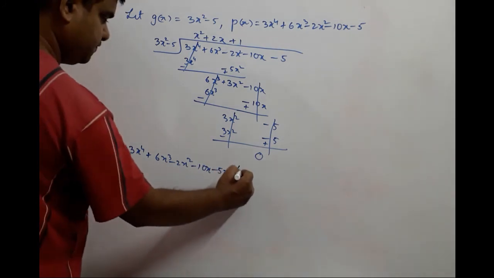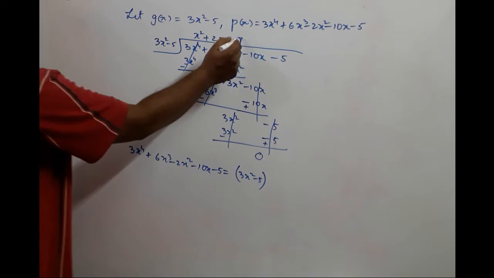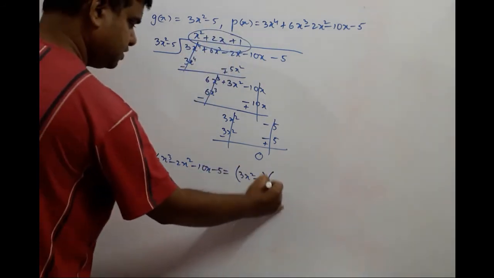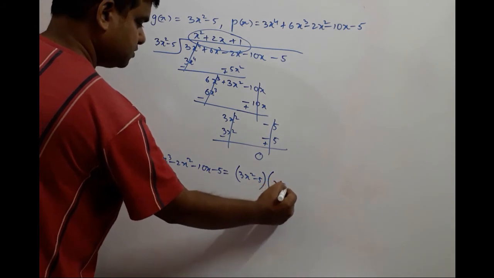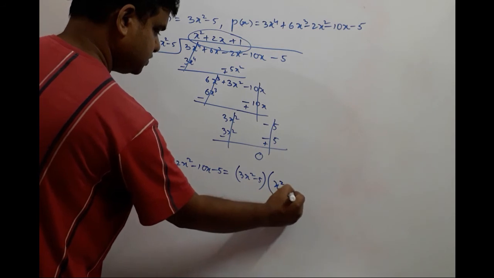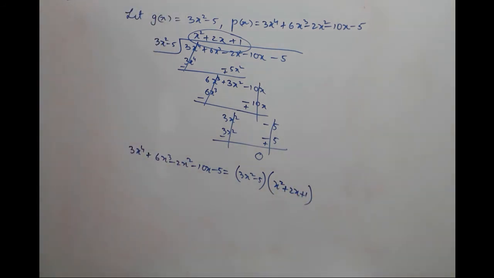The first one was 3x square minus 5, and the other factor is this quotient, x square plus 2x plus 1. So now we have got the factors.